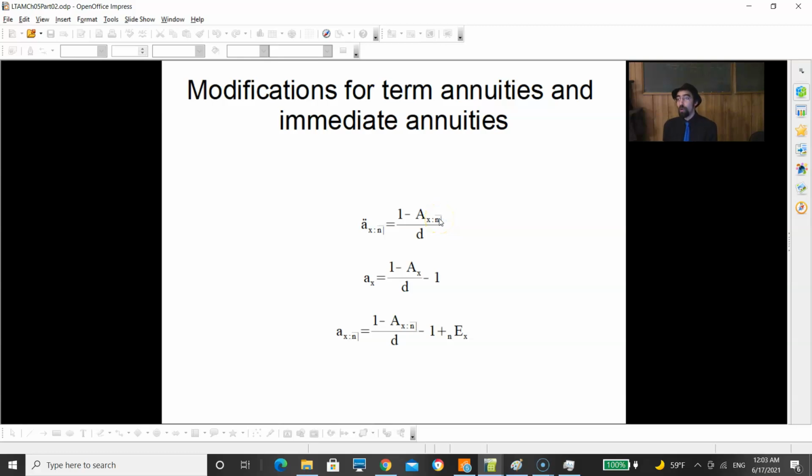So if we force q sub n to be 100%, we say, follow whatever mortality assumption you had up until then, and then we know the person's going to die, then we get this relationship here. So we can just say little a double dot x colon angle n equals 1 minus big A x colon angle n over d. Where, again, d equals 1 minus 1 over 1 plus i.